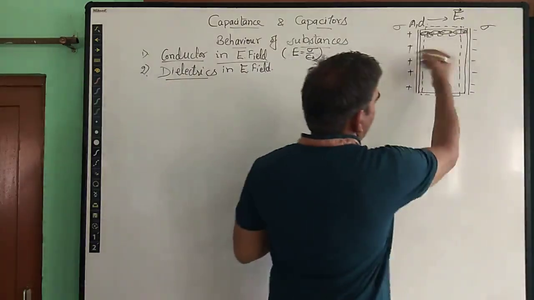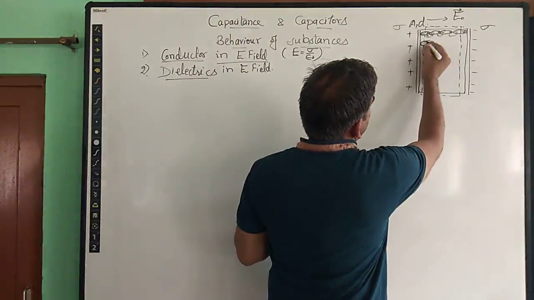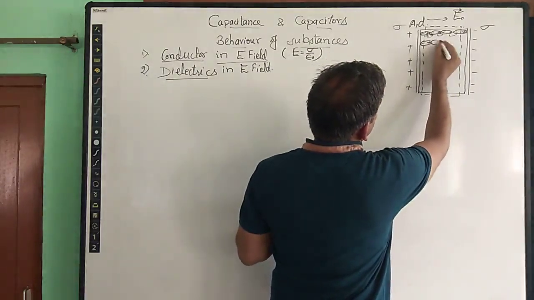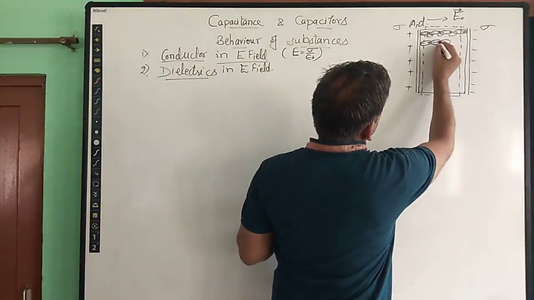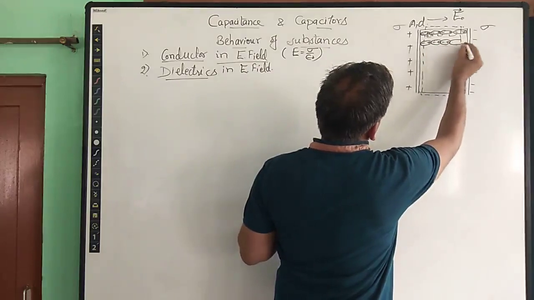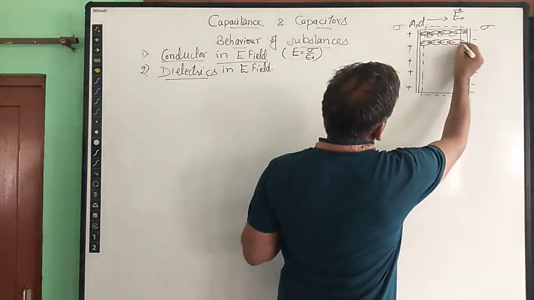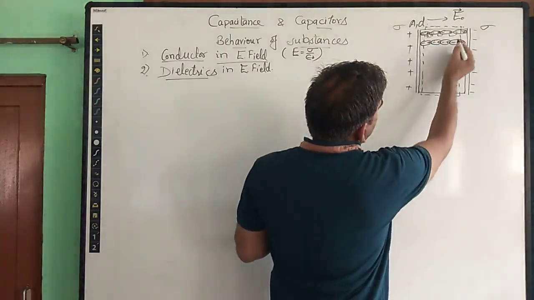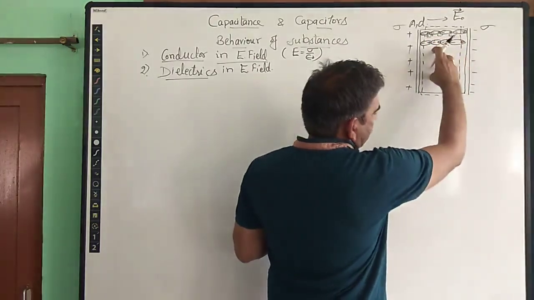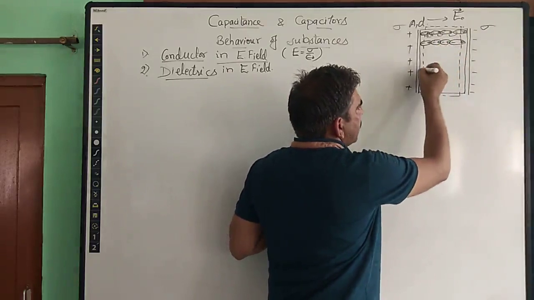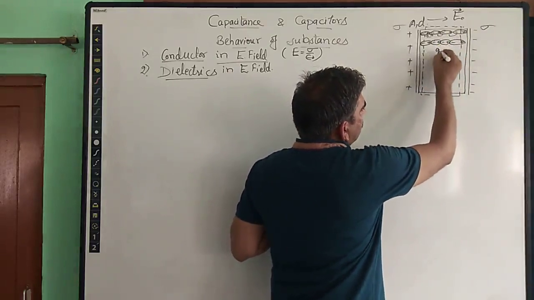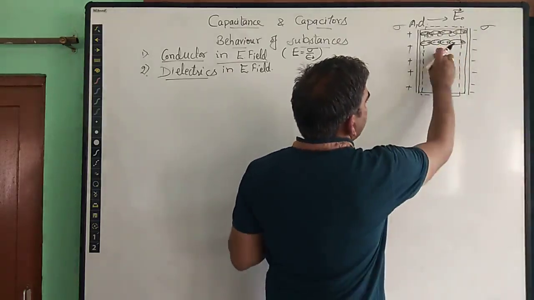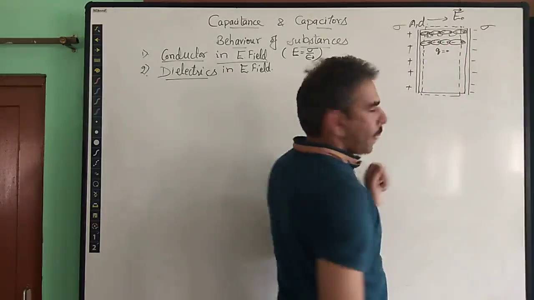So whenever all such atoms behave in this manner, let me draw one more line. Right? So all these atoms, or we can say the charge inside the dielectric, gets neutralized. So net charge inside is 0.